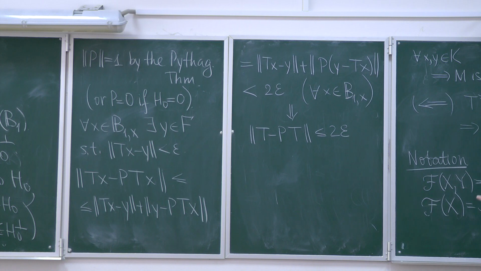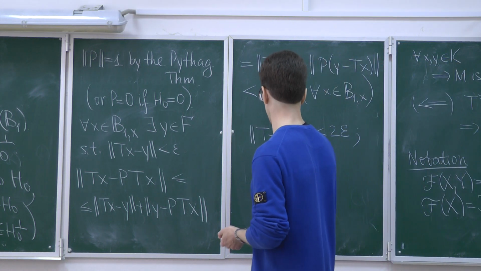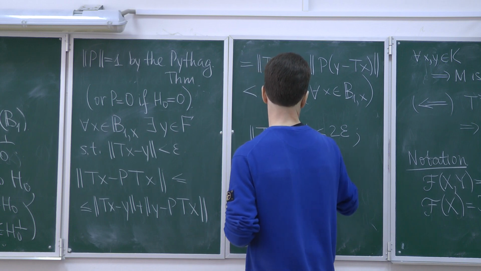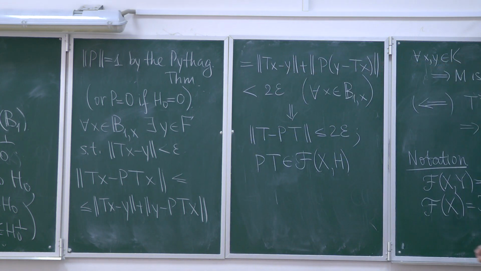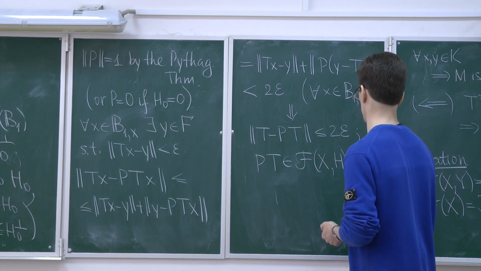But the image of P is finite dimensional, and so the image of PT is also finite dimensional. And we see that T can be approximated by finite rank operators. So this completes the proof.